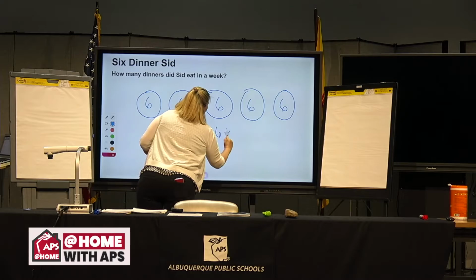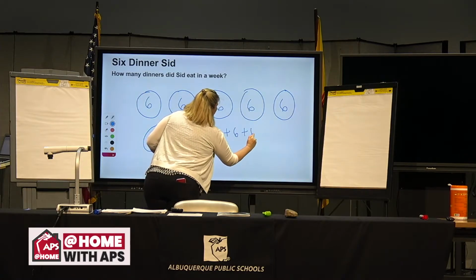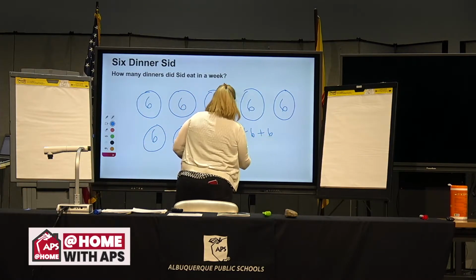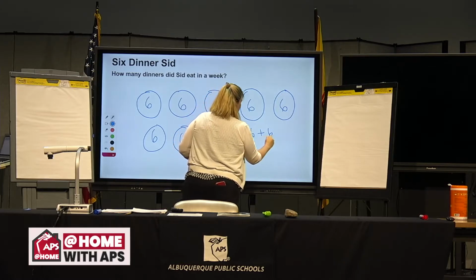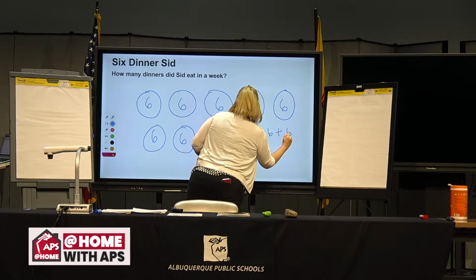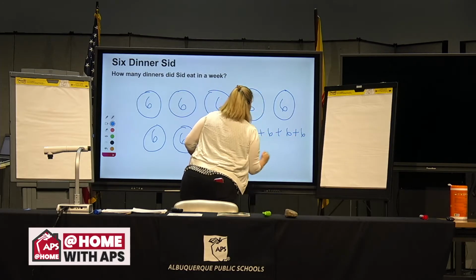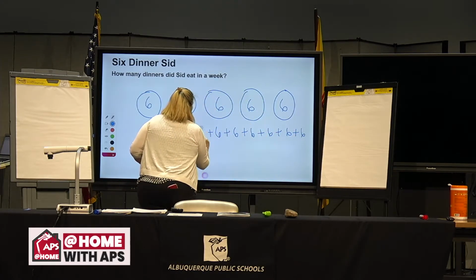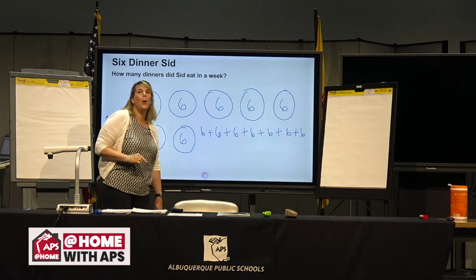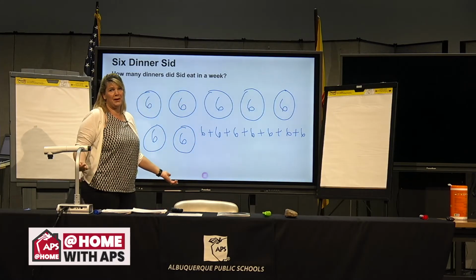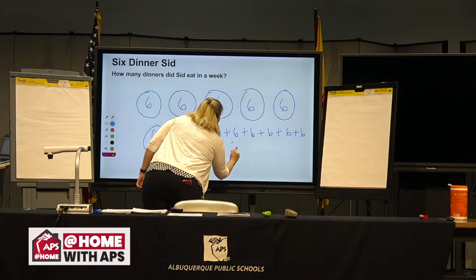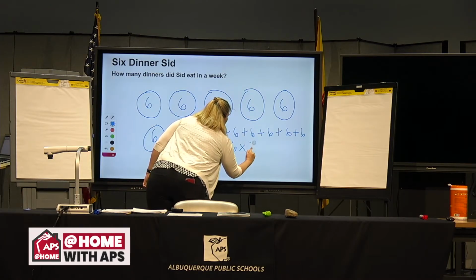We could write it like repeated addition, 6 plus 6 plus 6 plus 6 plus 6. And I think I need one more. 1, 2, 3, 4, 5, 6. Or we could write it like a mathematical sentence and say it's 6 times 7.